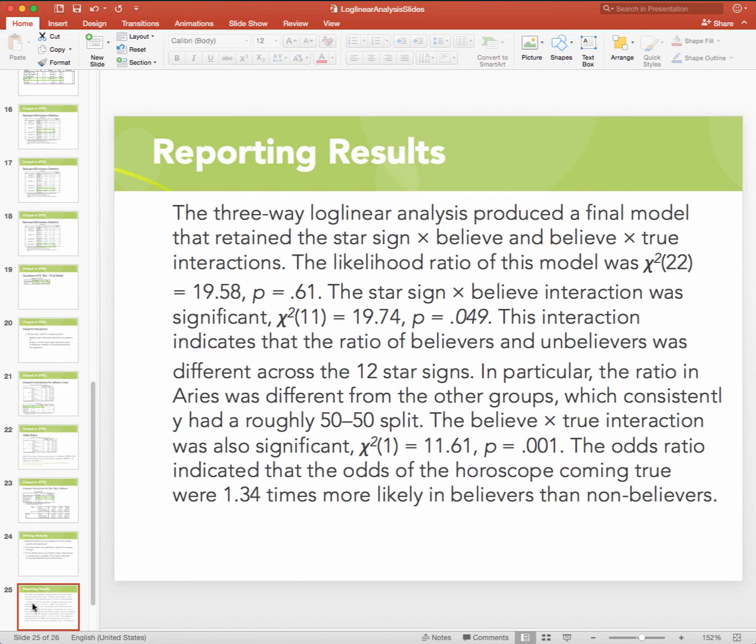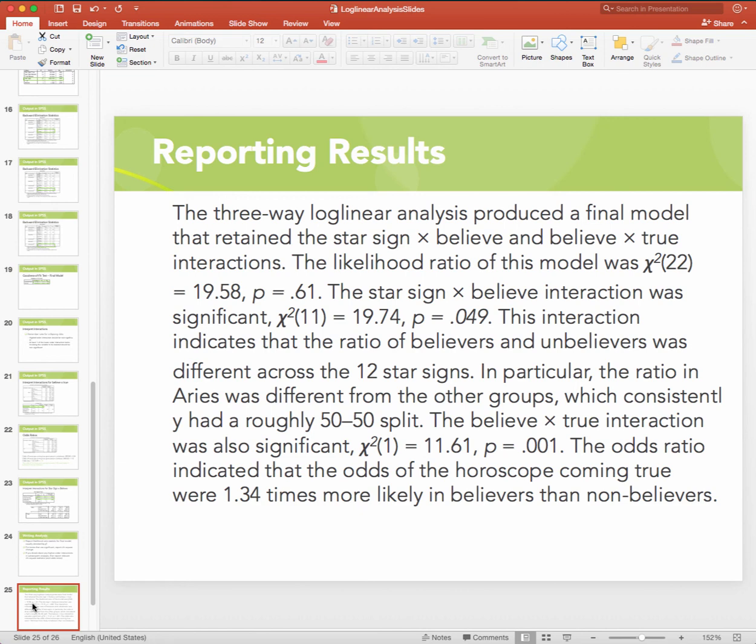Now we have to write about our interactions. So the star sign times believe interaction was significant with a chi-square of 19.74 and a p equals 0.049. This interaction indicates that the ratio of believers and non-believers was different across the 12 star signs.